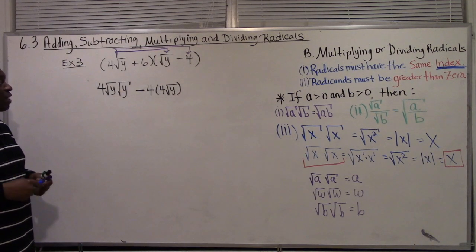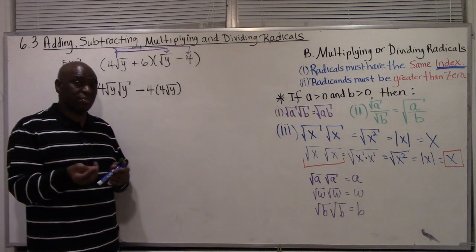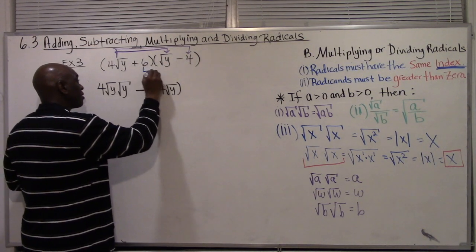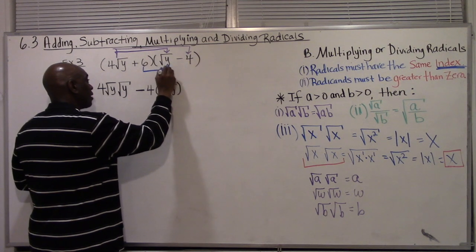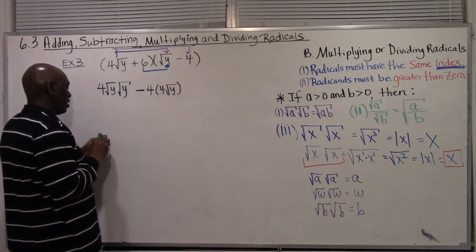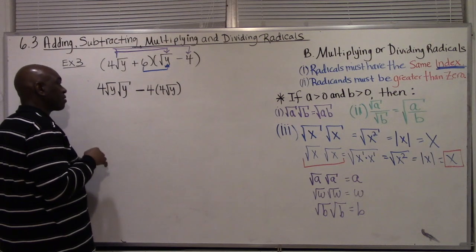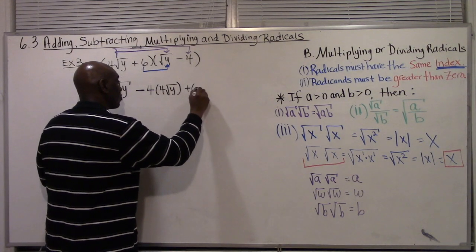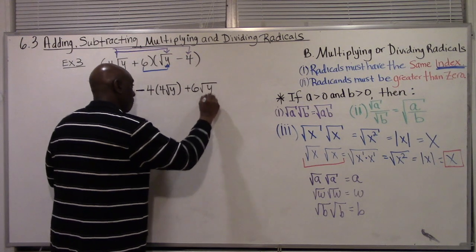All right, and this is the folding process. We're folding. Now take 6 times radical y. Okay, positive 6 times radical y. Got it?